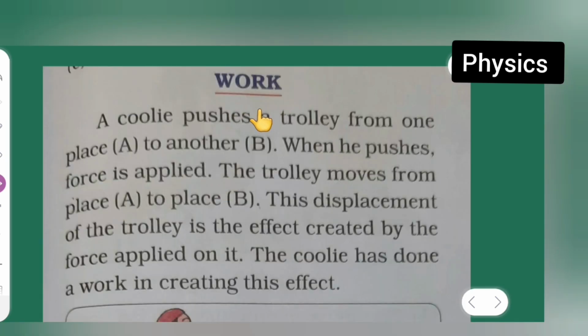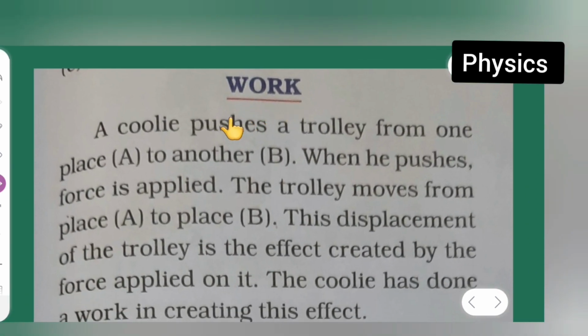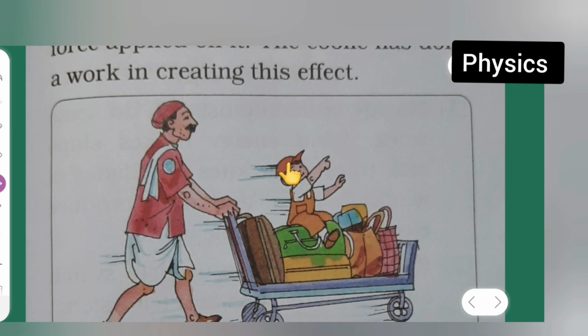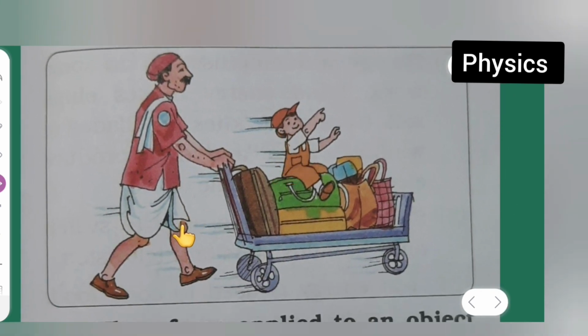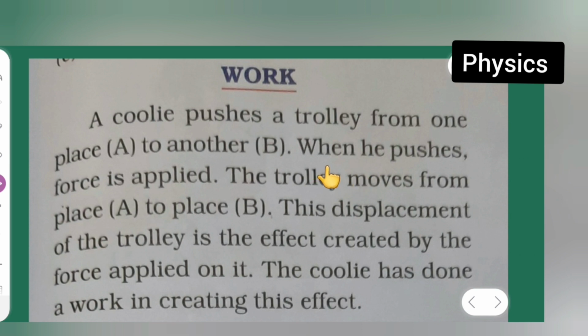Next is work. So let us study what work is. A coolie pushes a trolley from one place A to another place B. You can see a coolie over here, pushing this trolley from place A to place B. What happens when he pushes?